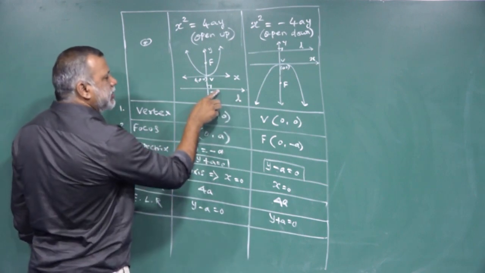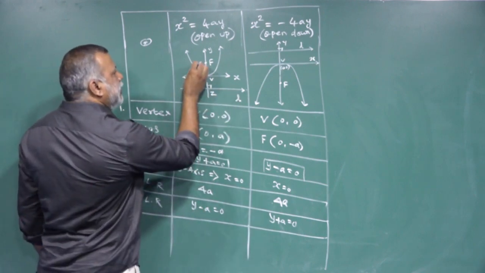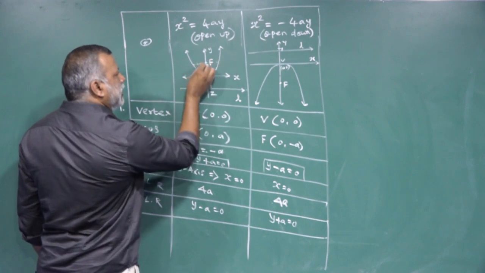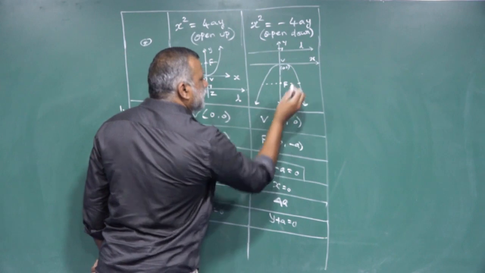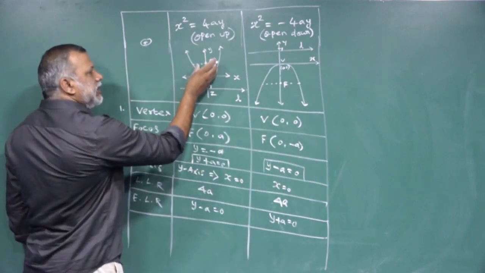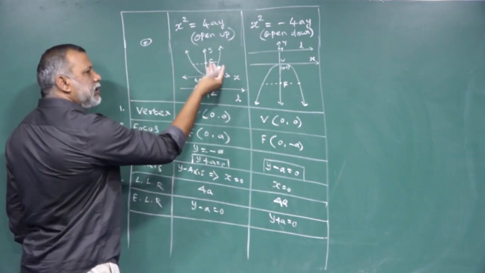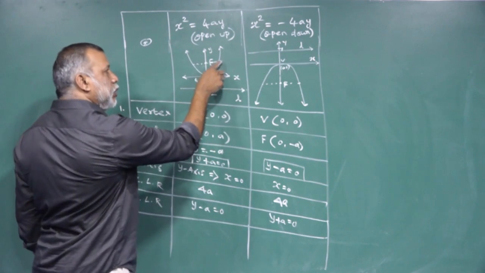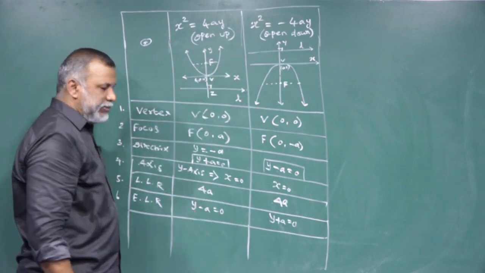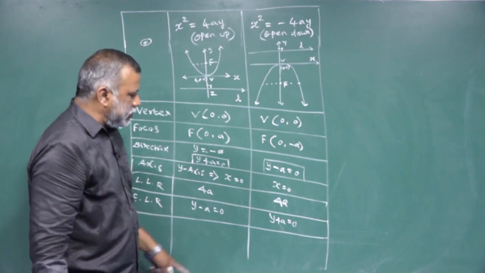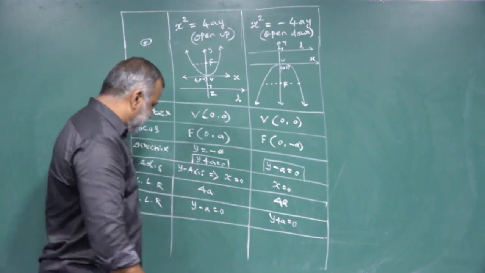Directrix is y + a. Then latus rectum is the equal line but in the opposite direction. You see here also. This is the latus rectum. This line passes through the focus. What is the value of the focus here? (0, a). That means y = a. Convert to the other side, we get y - a = 0. Here y + a = 0.